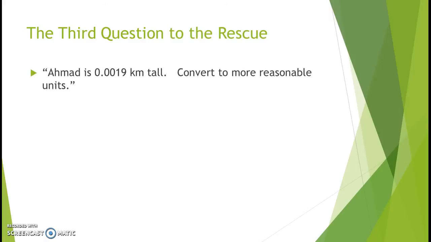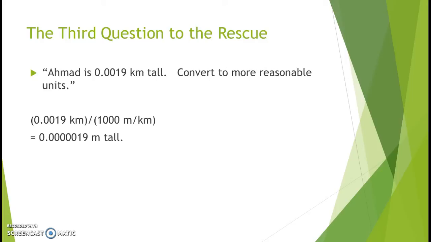So the same mistake, we can look at it from a different perspective. Ahmad is 0.0019 kilometers tall. Convert to more reasonable units. And this time we're not secure in our unit analysis, so we're not going to try that. And we divide instead of multiplying again. But this time we're not examining the units, because we have a pretty good idea of what kind of answer we should get.